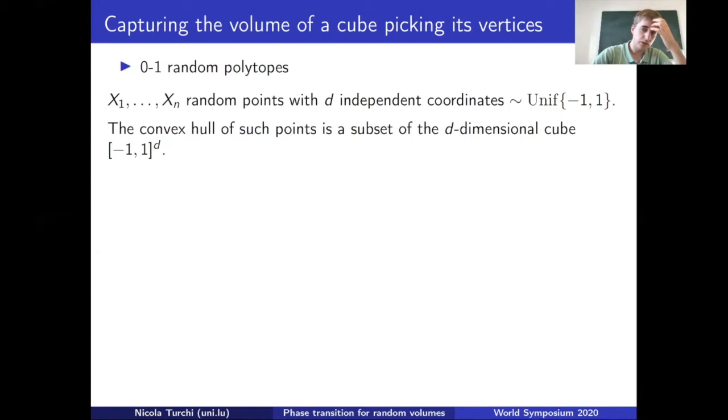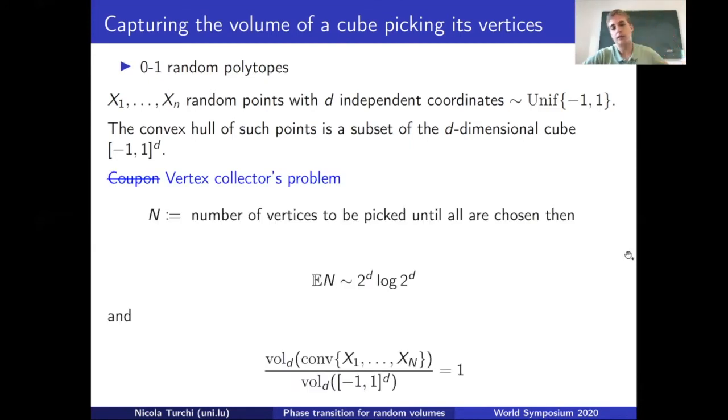Now, there's an easy way to estimate such quantity, which is known as the coupon collector's problem, which I renamed vertex collector problem in this case because we are collecting vertices instead of coupons. So if you have capital N to be the number of vertices that you need to pick until all of them are picked, then the expected value of such quantity is 2^d log 2^d.